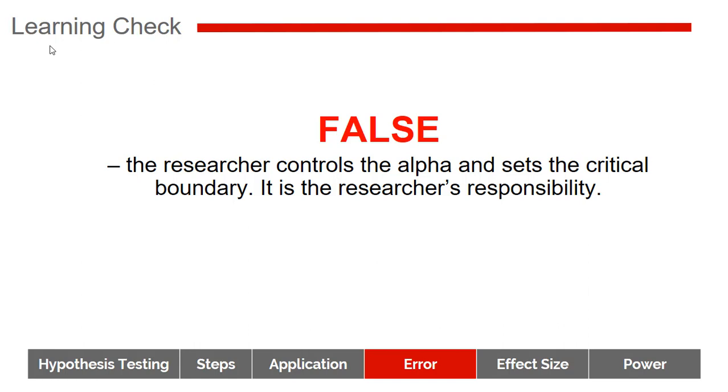If I make my alpha, let's say 0.40, that means there's a 40% chance I'm going to be making a type 1 error. That makes my alpha level a lot bigger, so it makes it easier for me to reject the null, but it makes it easier also for me to make a type 1 error. Okay, so in the next video, we're going to talk more about alpha's relationship to error.